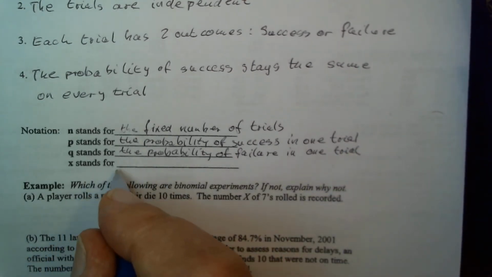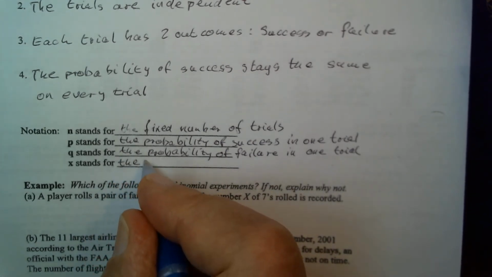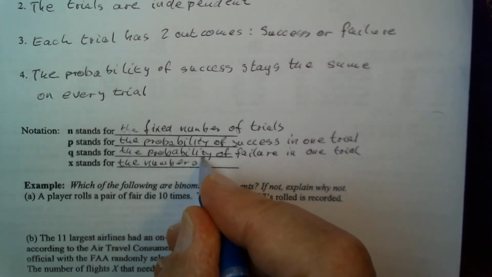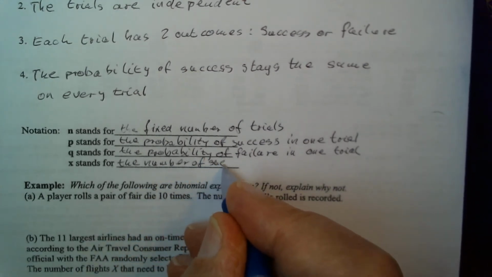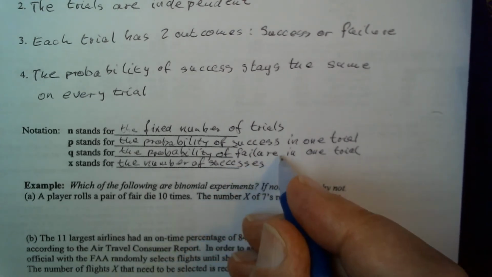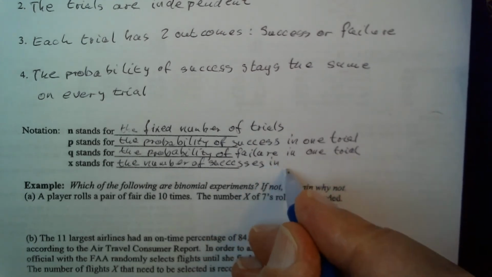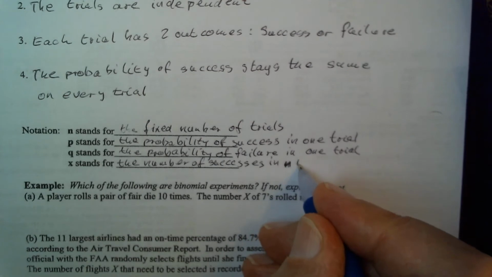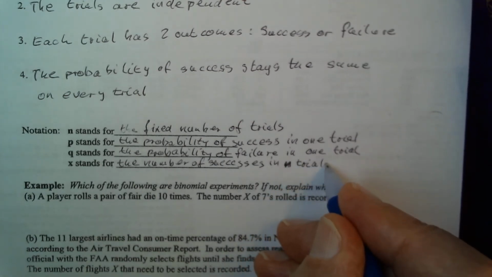And then X stands for the number of successes in n trials.